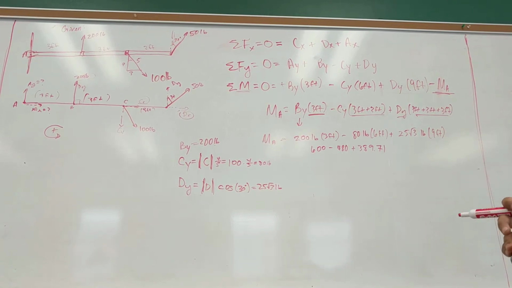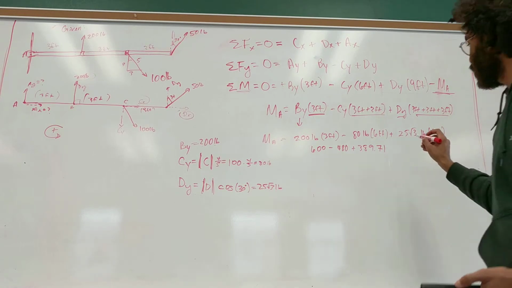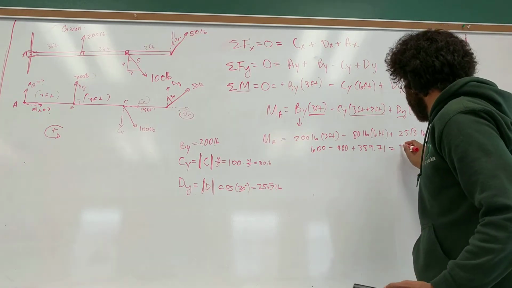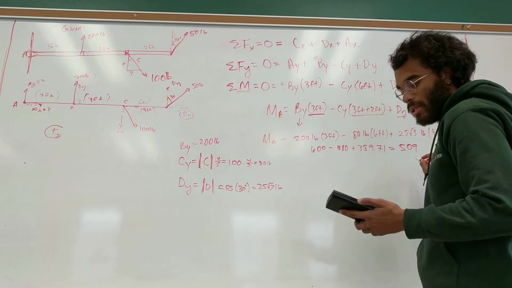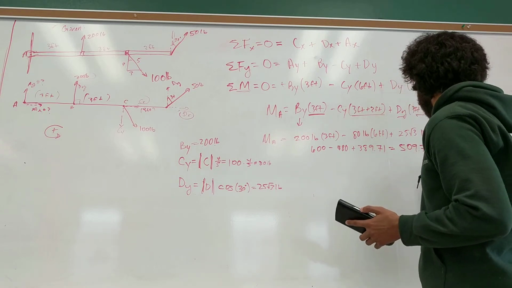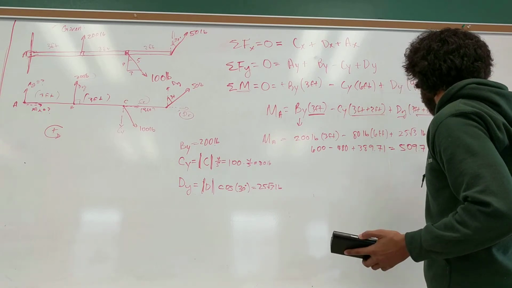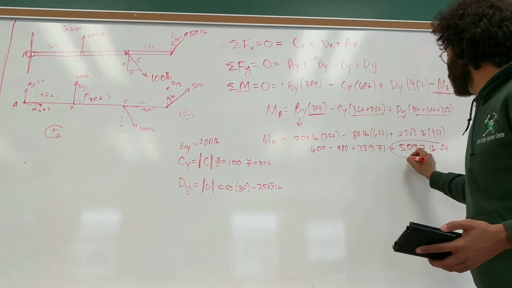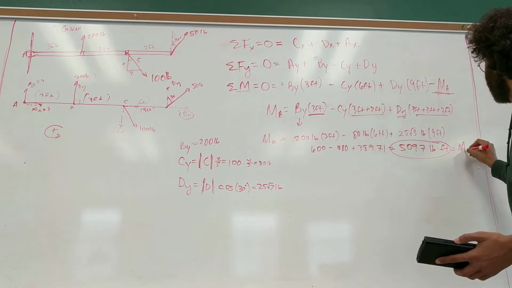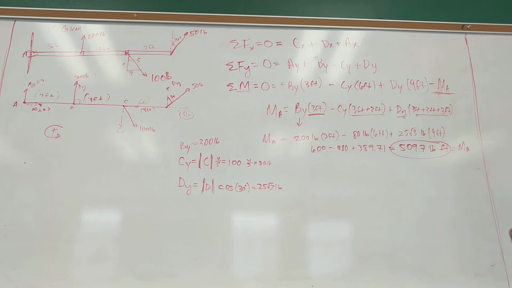Okay, so we're going to do 600 minus 480 plus the answer. And we get indeed what the book reports it should be, 509.7 lb-ft. And that's equal to M at point A, the moment at point A.